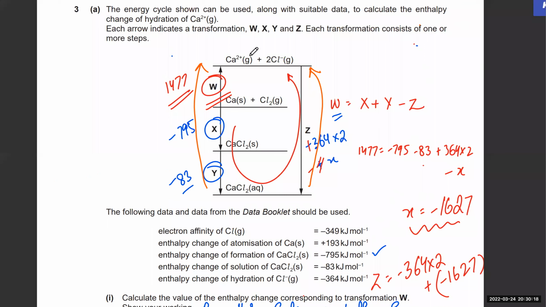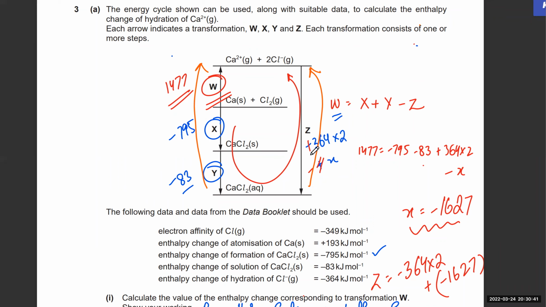Where does X start and where does X end? X starts from here, right? No, the X you made, that 364 into 2 minus X, that was the unknown X. That was the small x. It wasn't this one. That was the unknown hydration of calcium ions.